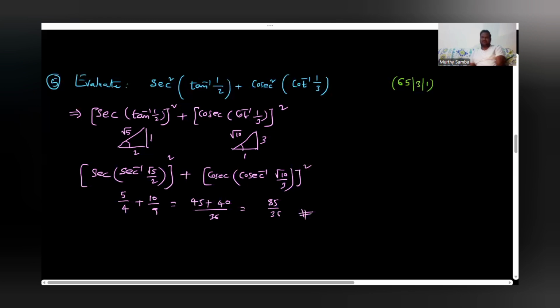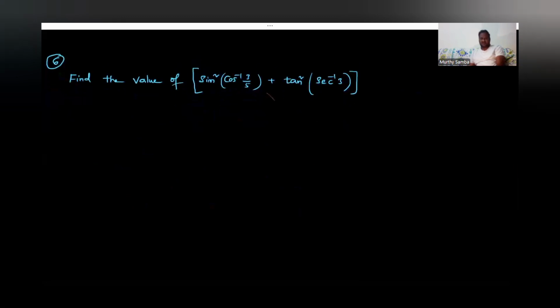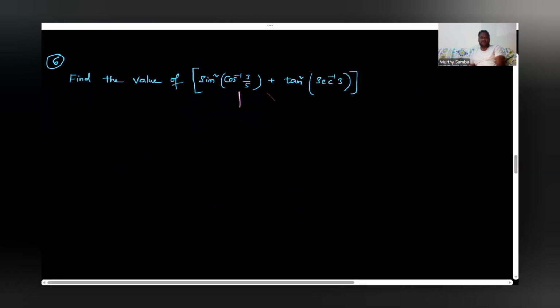Okay. So next, coming to the sixth one. The sixth one is just similar to the previous one. I think you can do this. So sine square of cos inverse 3 by 5, right? So cos inverse 3 by 5 is nothing but this is the angle. And cos means what? Side adjacent and hypotenuse. Then obviously opposite is 4, you know that. And this is secant inverse 3. 3 is nothing but 3 divided by 1, right?